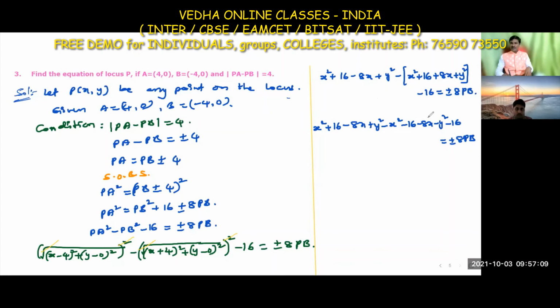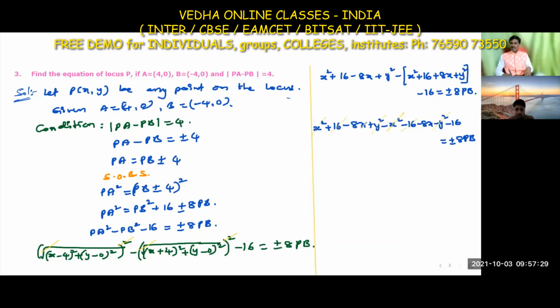Any possibility to cancel the terms? Okay, here minus 16 and plus 16 we can cancel, and plus x square minus x square cancel, and plus y square minus y square also gets cancelled. Whatever is remaining, you write the remaining terms as usual.